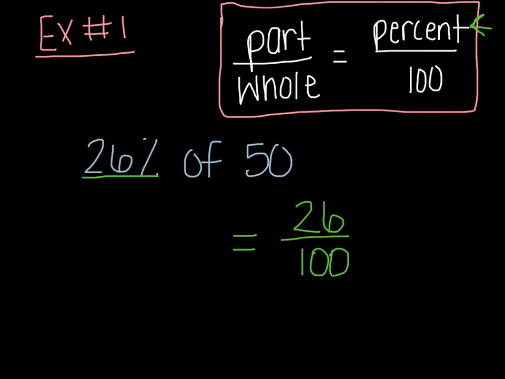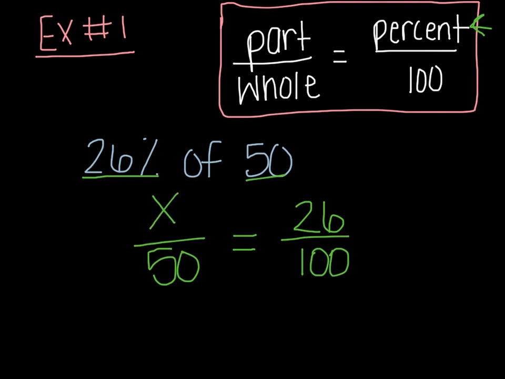Equals, now what we have in all of these examples is the whole. So we have 50 as our whole. And what we're looking for is the part. So we don't know, so we're going to put X.